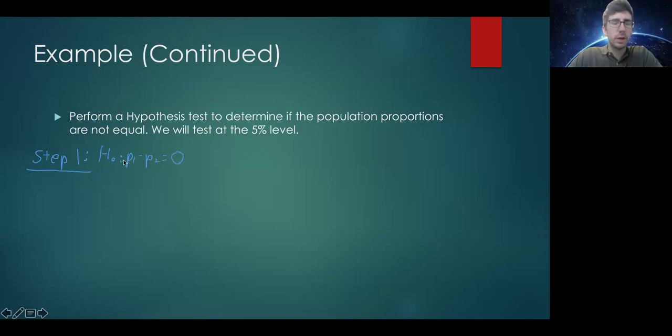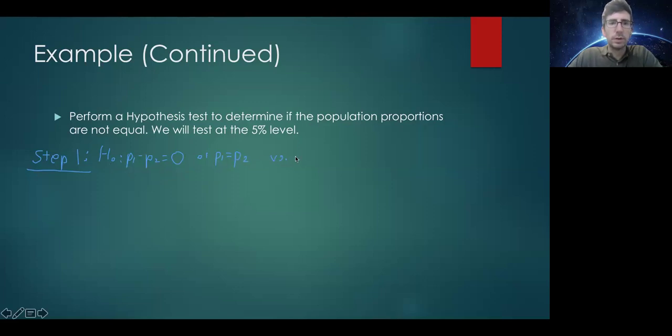So remember, we can write it this way, that the difference of the two is equal to 0, or we can just say P1 is equal to P2, right? We're always going to assume in our null hypothesis that they are equal to one another. If we were to add P2 to both sides of this expression, we would get the same exact thing here. So you can pick one way or the other to write it.